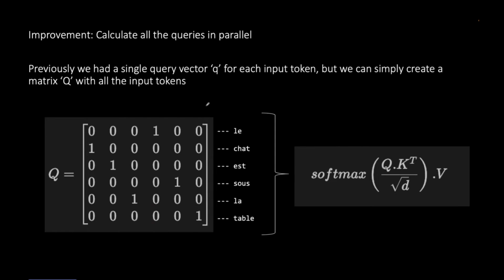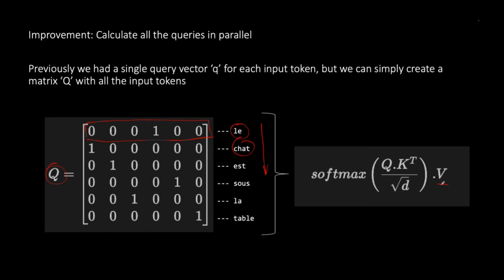Instead of analyzing one word at a time, we can put all the one hot encoded words into a matrix, with the one hot encoded vectors of the whole sentence on top of each other. So our equation becomes softmax of Q times key transpose divided by square root of D, and then all of that is multiplied by B.